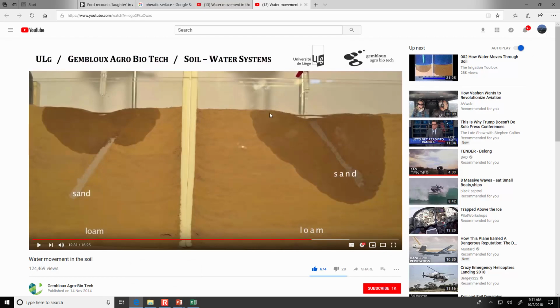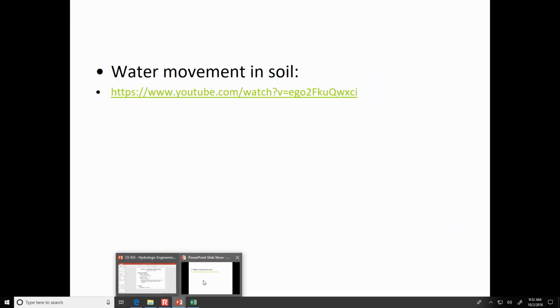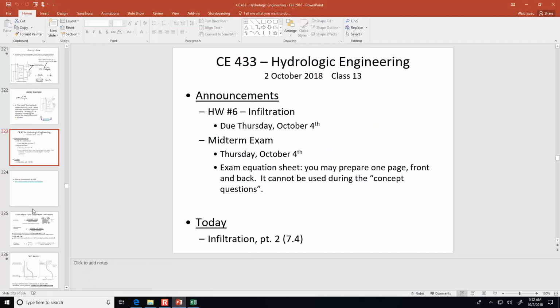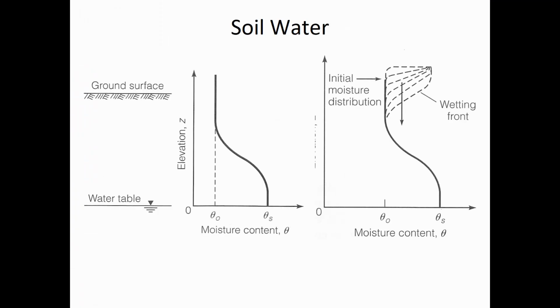All right, so what we're seeing is as there's ponding at the water surface, there's an increase in the water content, but it's not saturated until you go closer to the surface at a certain time. And so the way we're going to represent that in a diagram, there's a figure that shows a wetting front moving down through the soil.